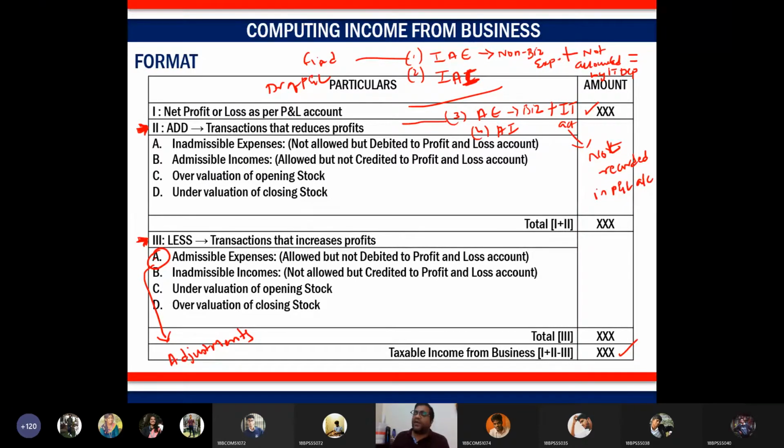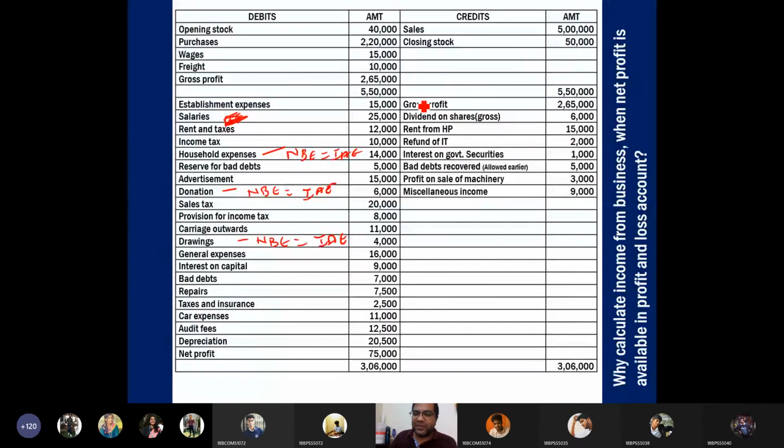Now apply the same rule for inadmissible incomes. What are inadmissible incomes? These are non-business incomes, and incomes which are not allowed by the income tax department. So where do you find them? On the credit side of the P&L account.